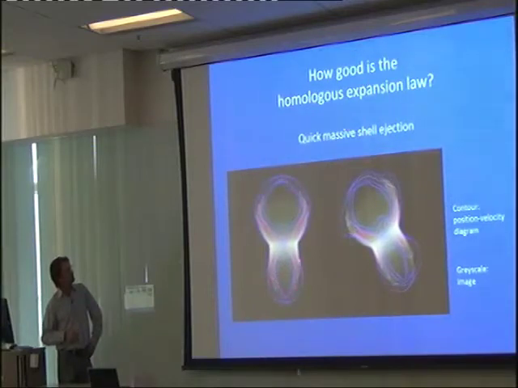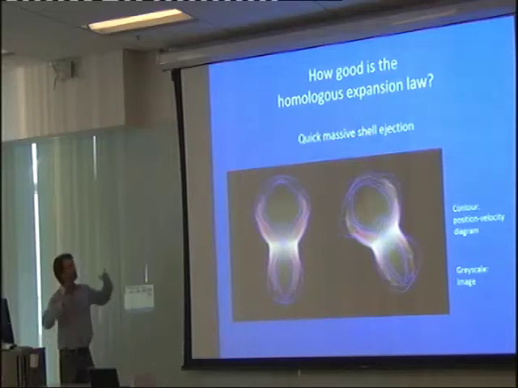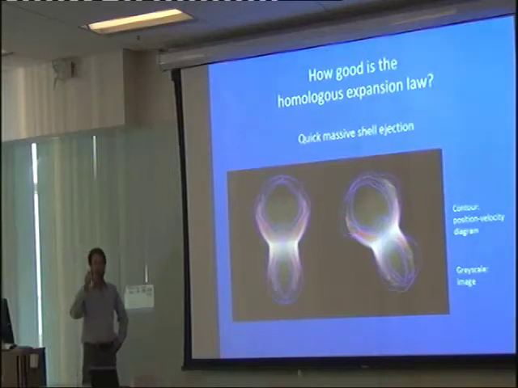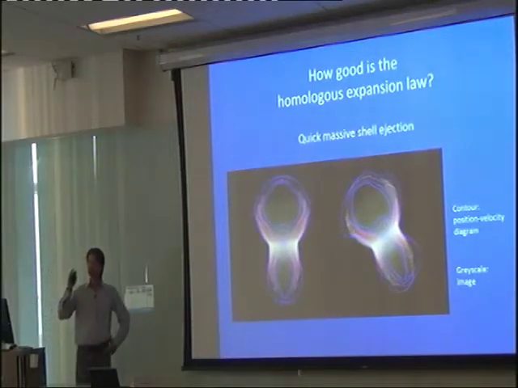So the contour actually reproduces the original cut through or the projected image of the object very nicely, which means that this is a Hubble flow. It has been conserved as a Hubble flow as it expands. Now, not exactly. Here's some flaring. If you incline the object to the line of sight and then get a PV diagram, again, the contours compared to the actual projection, you see some flaring on one side and the other, which is a typical artificial point symmetry that is introduced along the line of sight, which is not real.